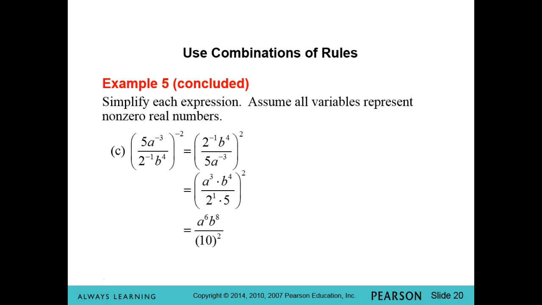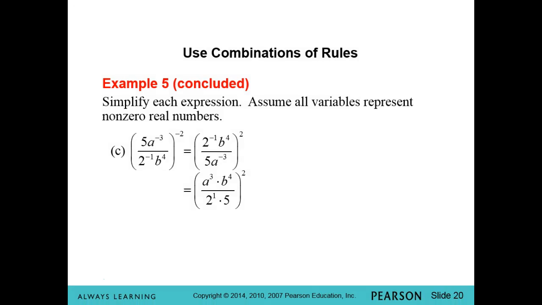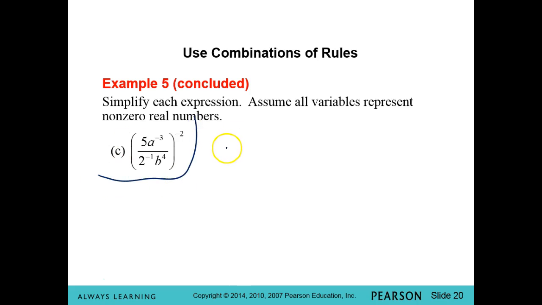A cubed squared is a^6, b 4th squared is b^8, and 10 squared would be a^6 b^8 over 100. Very good. Excellent. Now that's the last one they do here for example 5. So let's go back and do D and E from the text. I don't think they're a lot different from what we've got here, but let's do it.